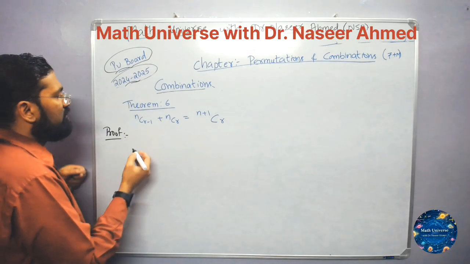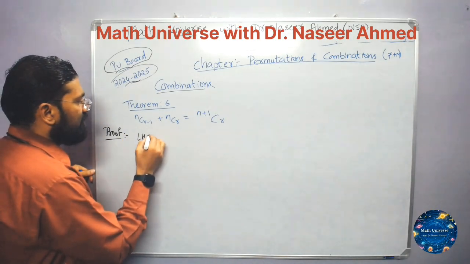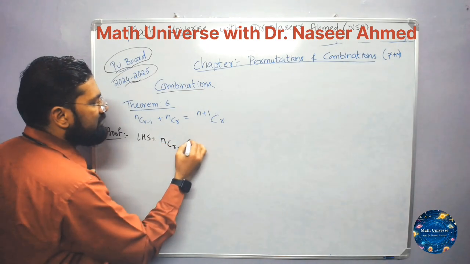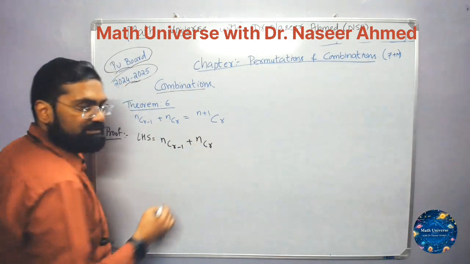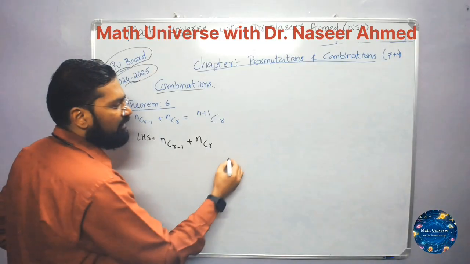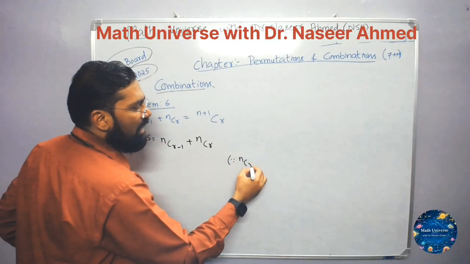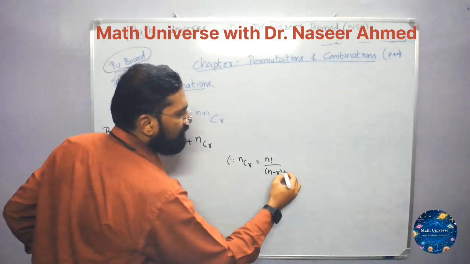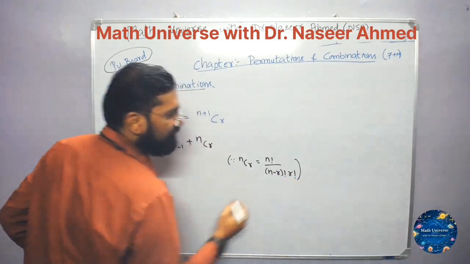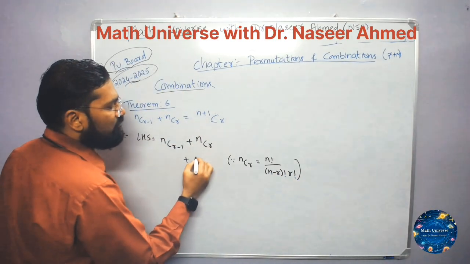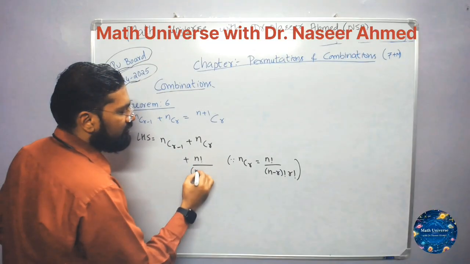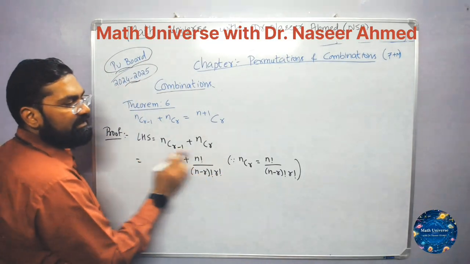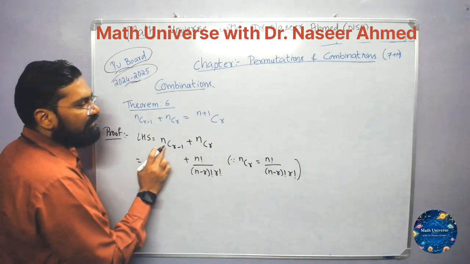see the left hand side, we have nCr minus 1 plus nCr, a combination question. So recall the combination formula. We know that nCr is n factorial divided by n minus r factorial into r factorial. For this one I can directly use the formula. Whereas for nCr minus 1, in place of r we have r minus 1, n remains n.